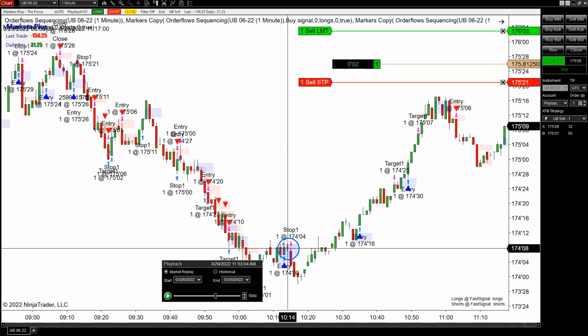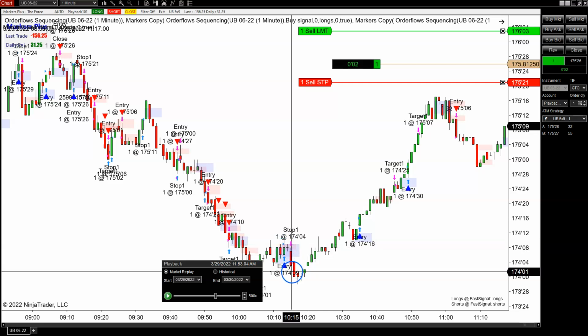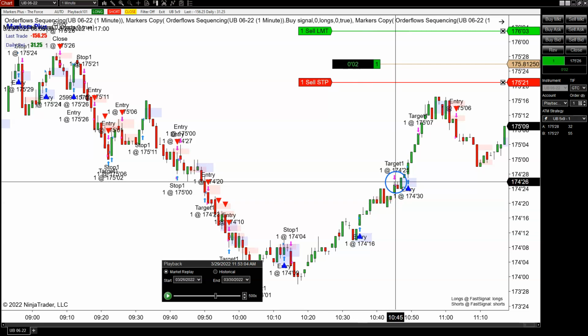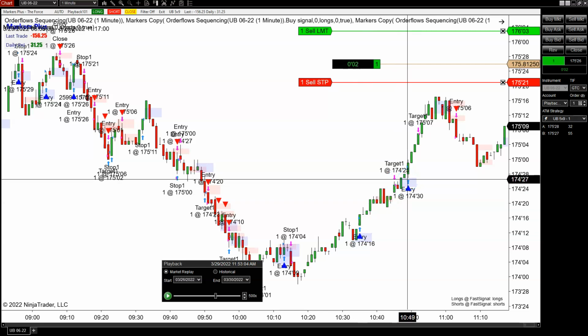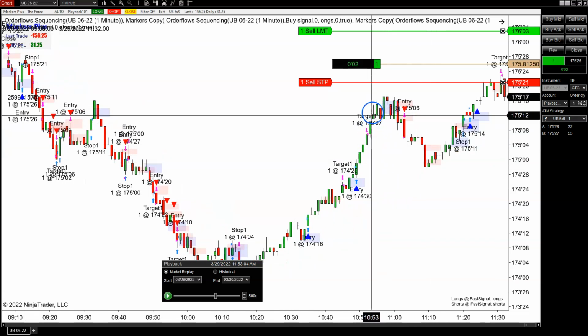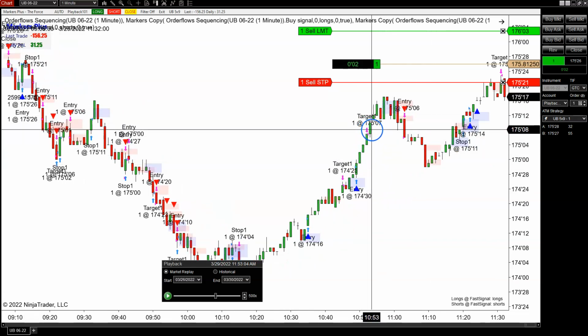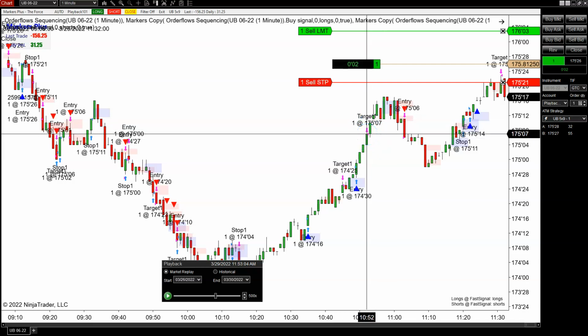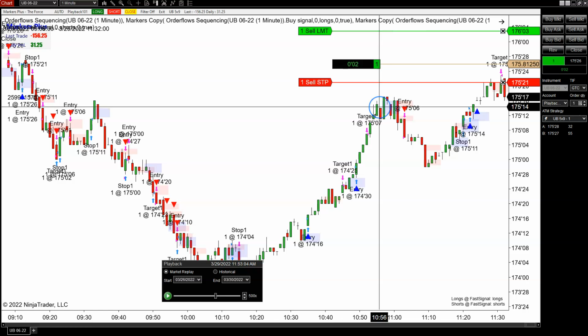This one, got long at 09, stopped out at 04, and then a long here at 16, out at 25, long again. But if you're trading this, you see the market running, in the order flow, you might move your take profit from 07 up to 15, right? If you see a strong market.